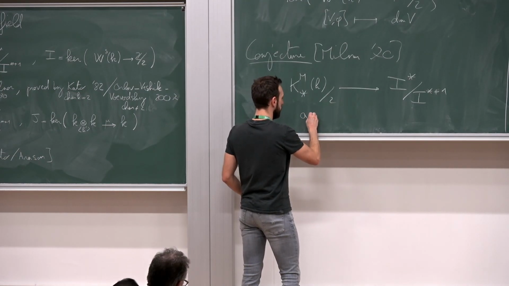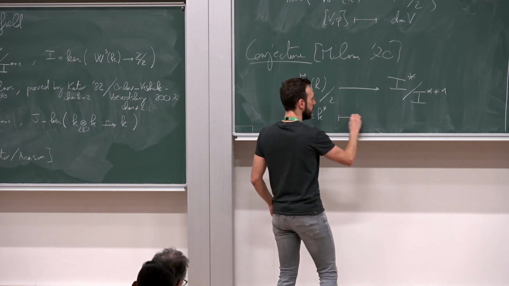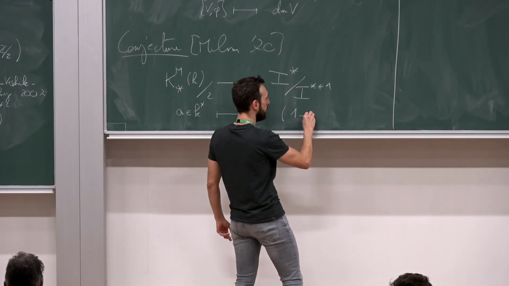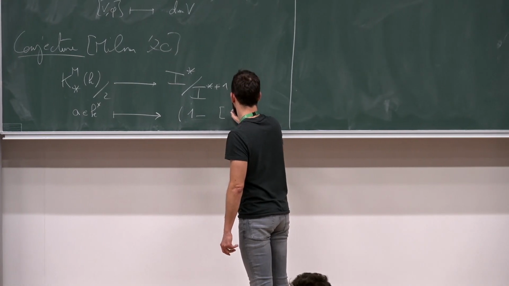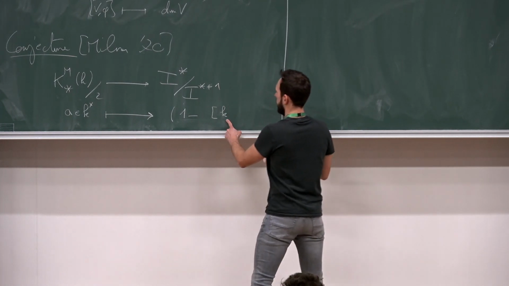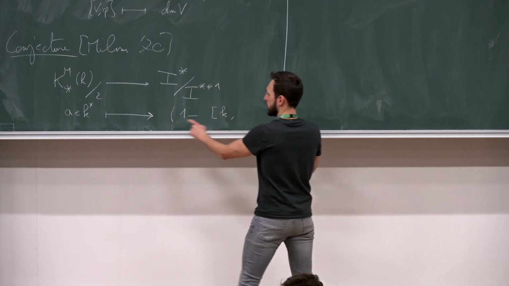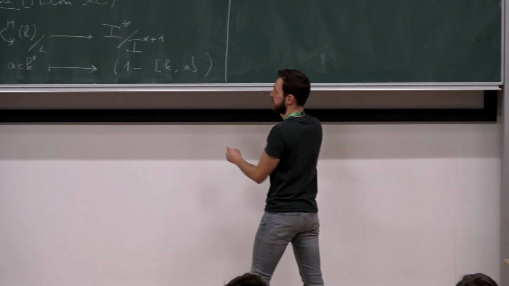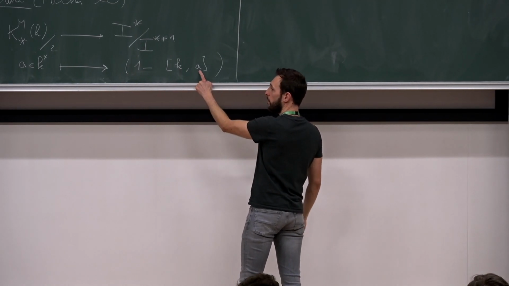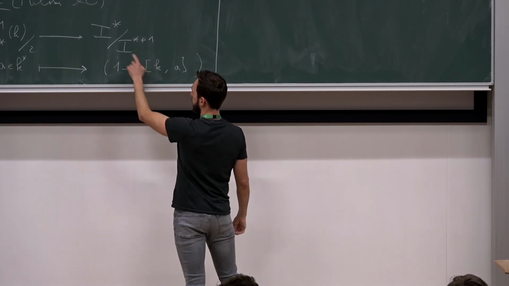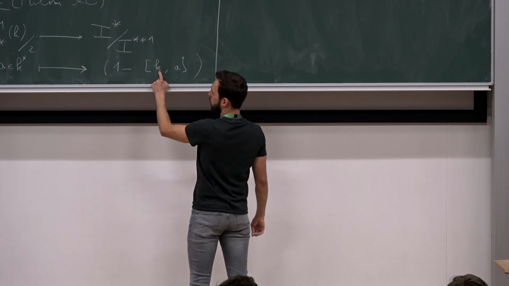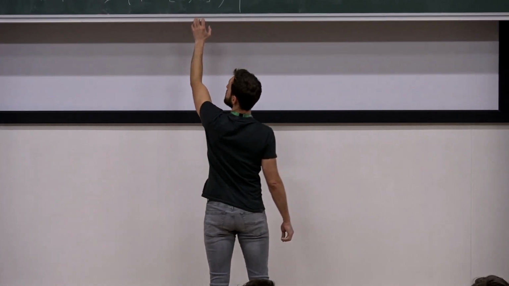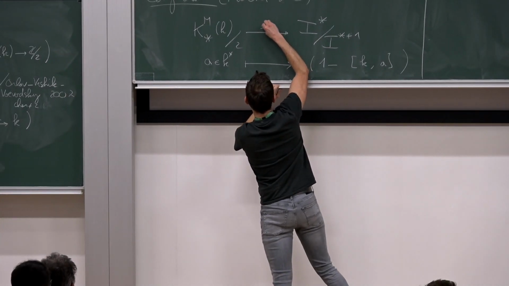So I need to take a unit and send it somewhere. I'm going to send it to an element in the ideal, which is given by 1 minus the one-dimensional vector space together with the form given by the matrix, which is multiplication by this unit. Since this is a one-dimensional vector space with a form given by the matrix A, 1 minus that is going to be in the kernel of the multiplication.